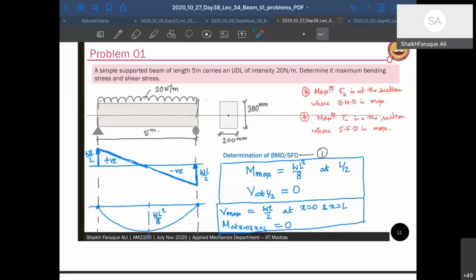So my maximum bending stress will be at the section at the center, and maximum shear stress will be at the boundary sections. If you calculate the values, your maximum bending moment is WL squared by 8 at L by 2, where your shear is 0, and maximum shear will be at x equal to 0 and x equal to L, and its value will be WL by 2, where the moment is 0.